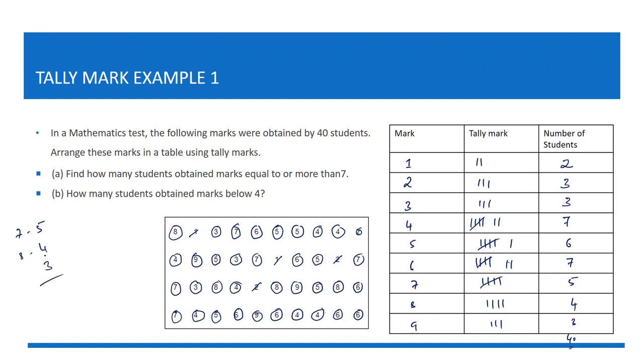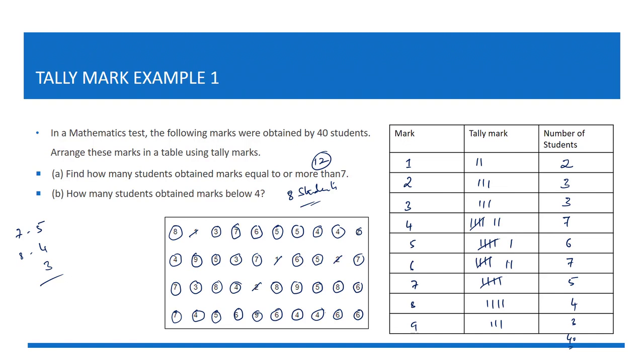So 5 plus 4, 9, 9 plus 3, 12. The answer is 12 students. How many students obtained marks below 4? 3 plus 3, 6, 6 plus 2, 8 students. These kinds of questions they will ask.